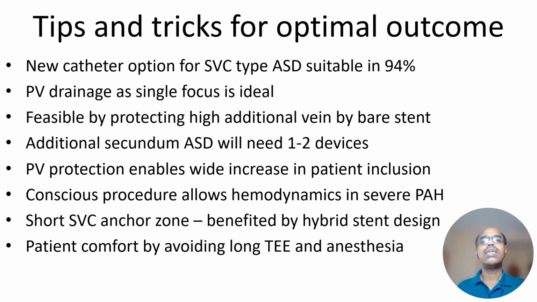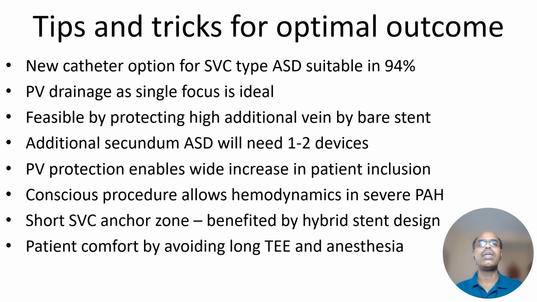Dear friends, I will conclude this talk by saying that sinus venosus defect covered stent exclusion is a new catheter option, and almost 94% of the patients are suitable for this procedure.